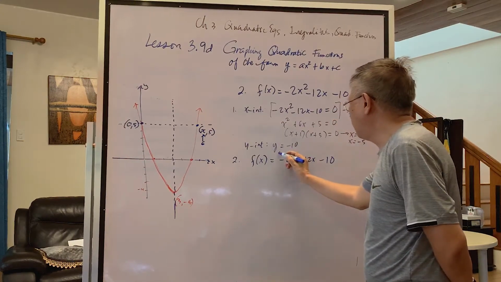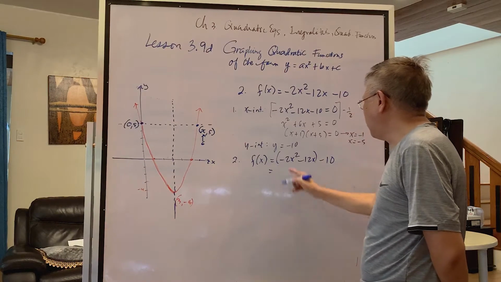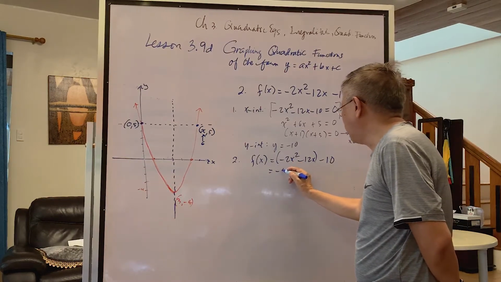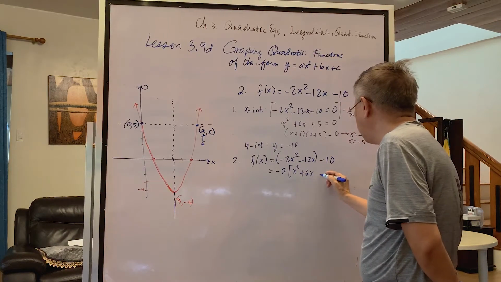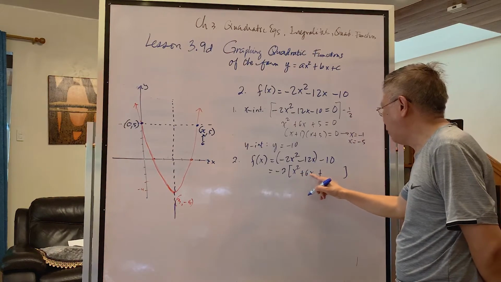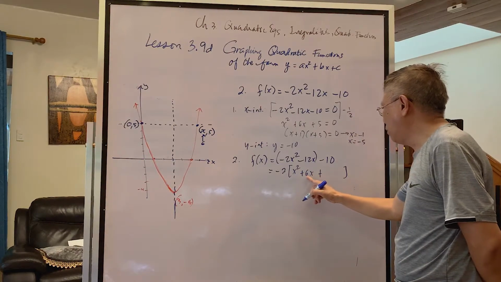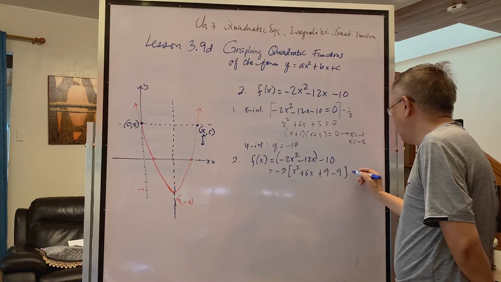I'm going to enclose the first two terms in parentheses, and I'll factor out negative 2. So I'll get negative 2 times x squared plus 6x plus, what should be the third term that will make this a perfect square trinomial? Take 1/2 of 6 is 3, square that is 9. We add 9, we subtract 9.